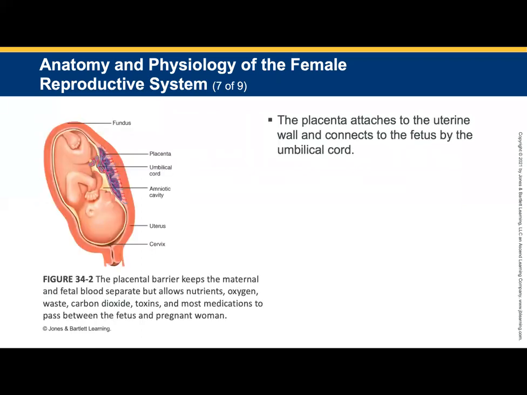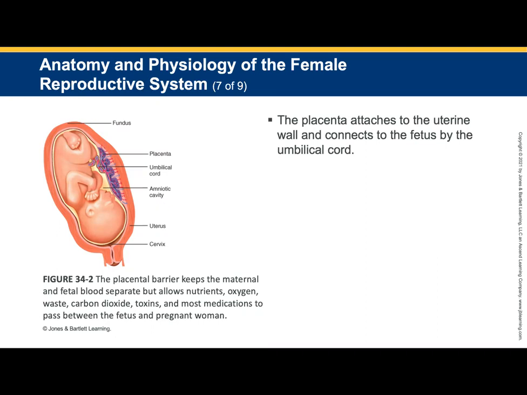Let's talk about the anatomy and the physiology of the female reproductive system. So the placenta is a disc-shaped structure that is attached to the uterine wall that provides nourishment to the fetus. It keeps the circulation of the woman and the fetus separated, but allows substances to pass between them.